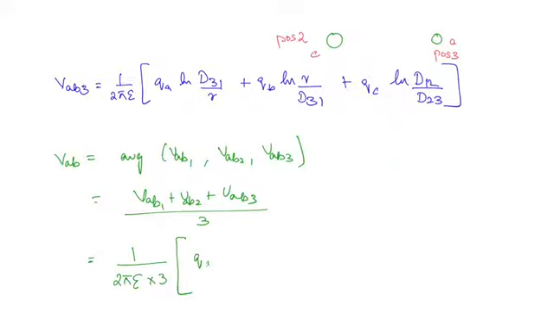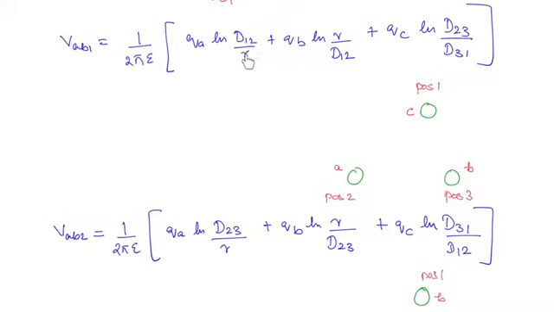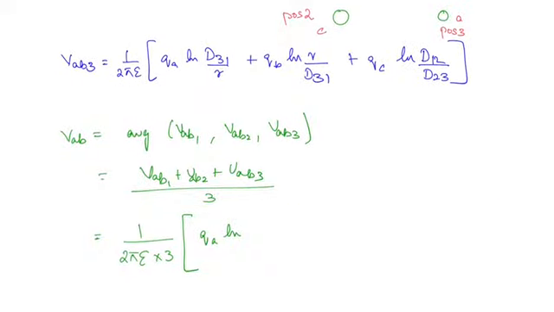So QA ln, if you take out common in all of these three cases, you're going to get ln D12 by R plus ln D23 by R plus ln D31 by R. When all the logarithms are added and you want to combine them into a single term, all of these terms will become the product. So here you are going to get ln D12, D23, D31 divided by R cube.